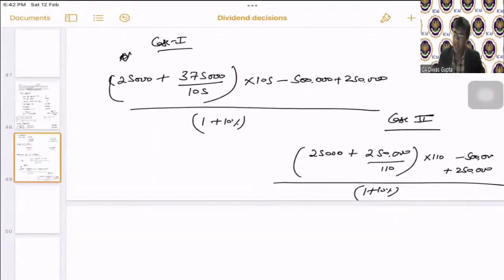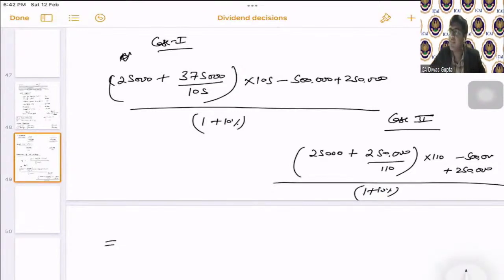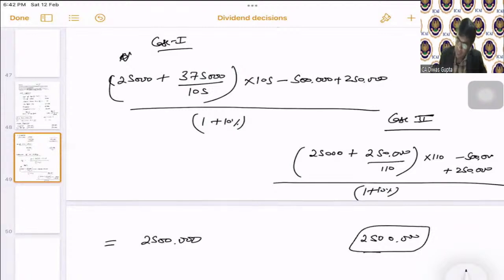So if we solve case number 1 and case number 2, the value comes out as 25 lakhs, and in this case also it is 25 lakhs. So as per the approach, in both the cases the value of the firm comes out to be the same.